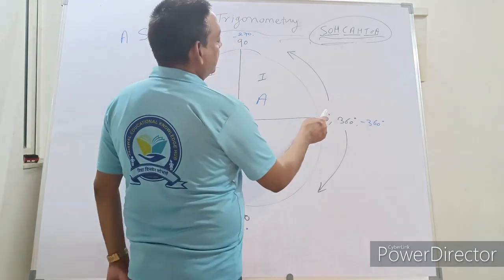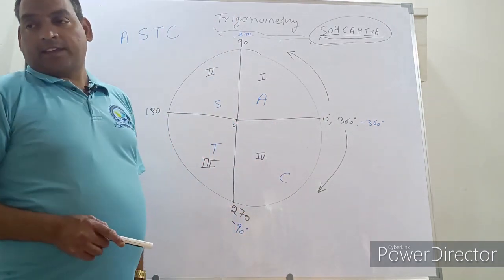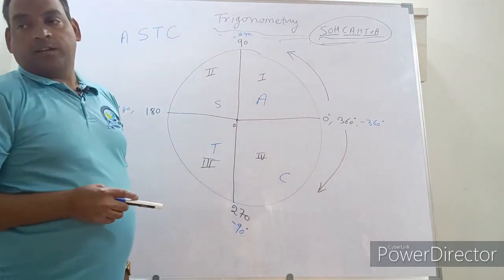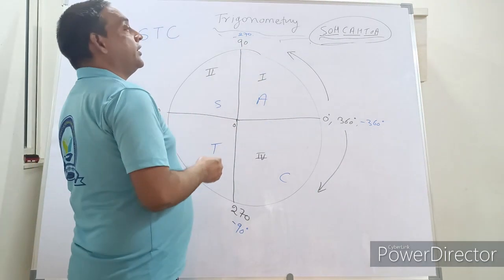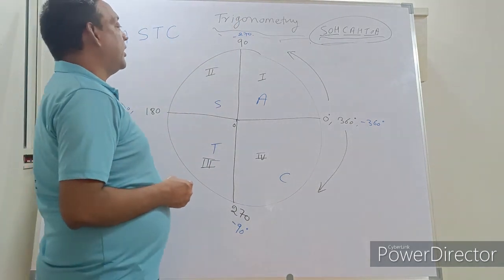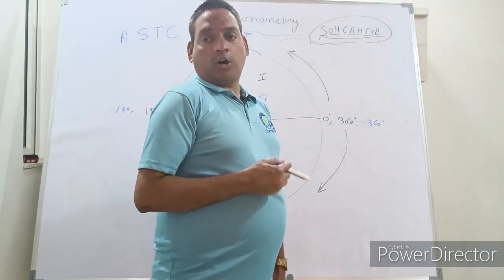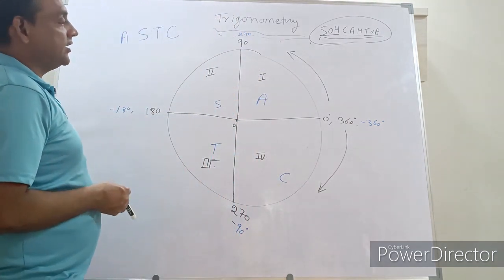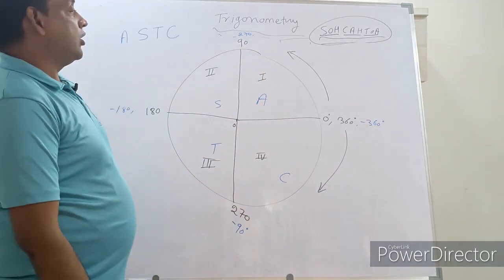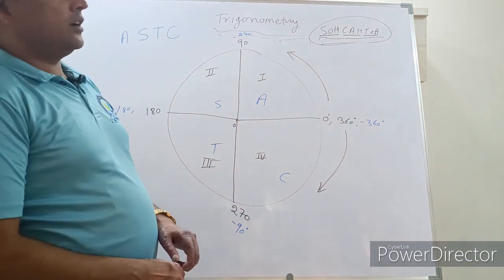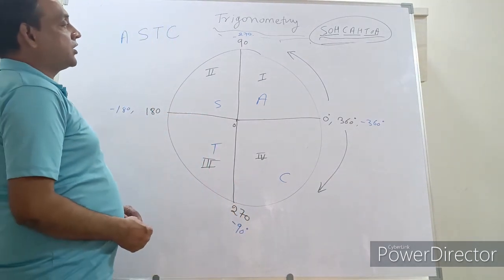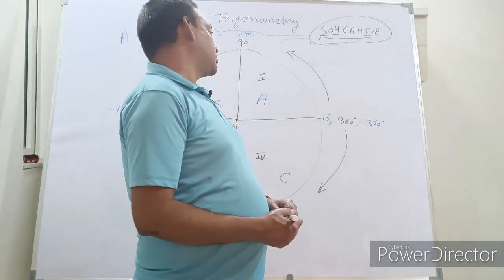What is the meaning of this? If the angle is between 0 and 90 degree, then all of sine, cos, tan, cosec, sec and cot are positive. That is, sine of that angle, cos of that angle, tan, cosec, sec and cot of that angle, everything is positive.